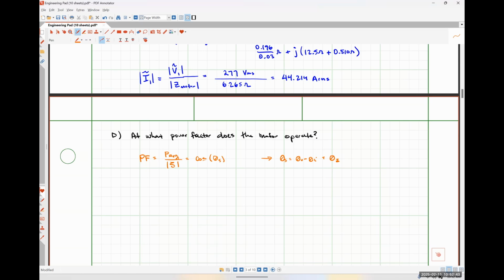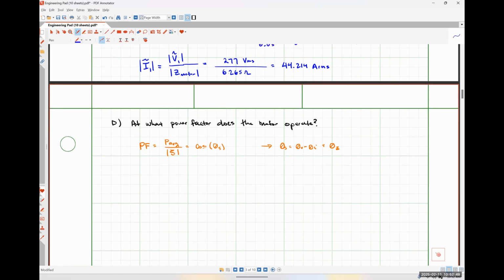And wouldn't you know it, in our last step, we calculated the impedance. So our power factor should literally just be, let me write this as PF motor, the cosine of the angle of our motor's impedance.